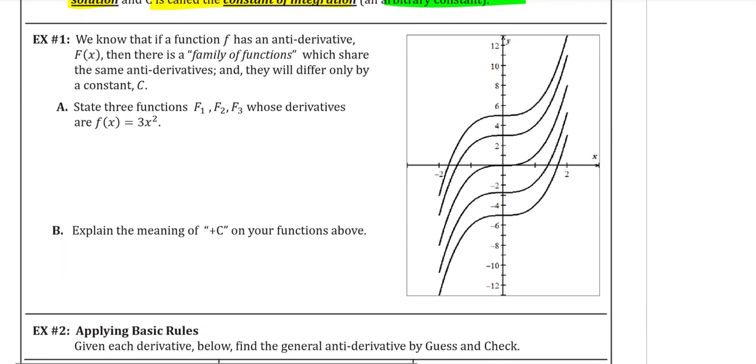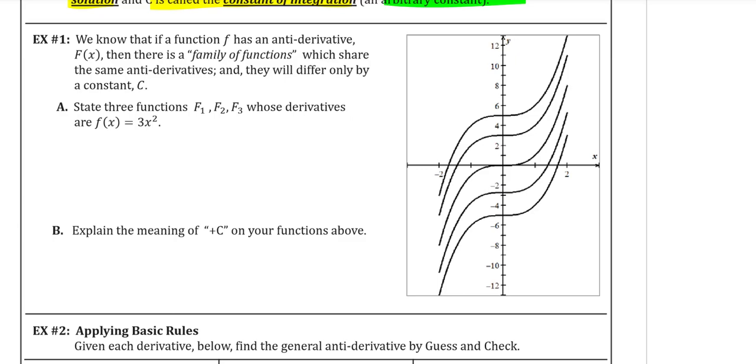First off, if we know that the function f has an antiderivative, then there is a family of functions that will share the same antiderivative. They only differ by a constant c. Here, there is a family of antiderivatives for the function f of x equals 3x squared, and we're to list 3 of them.